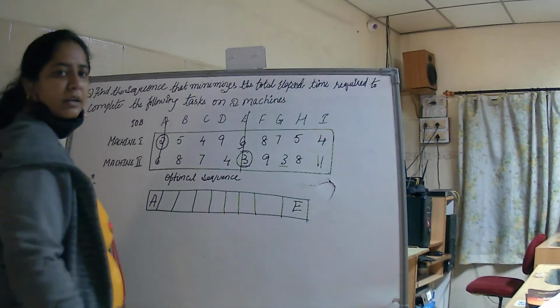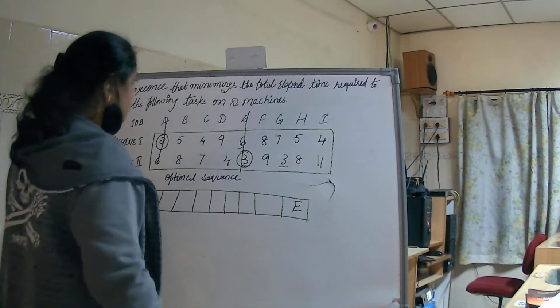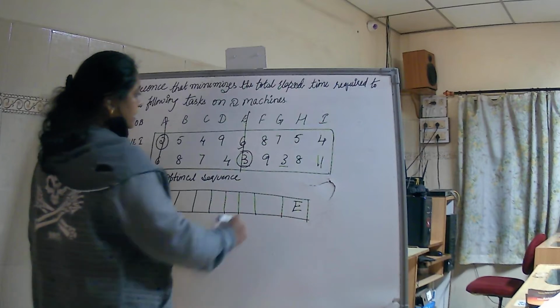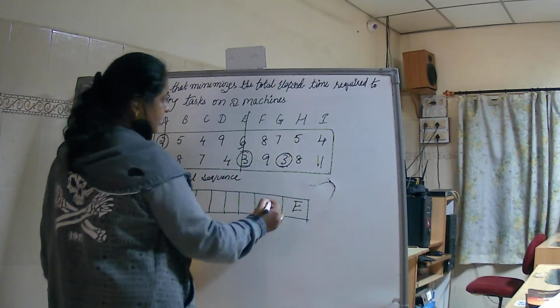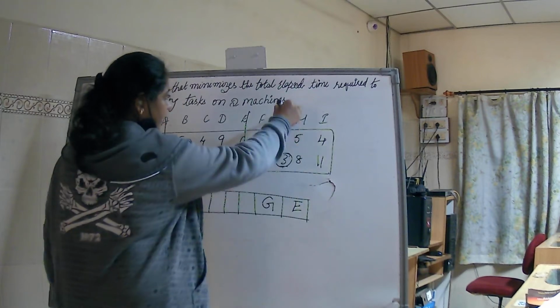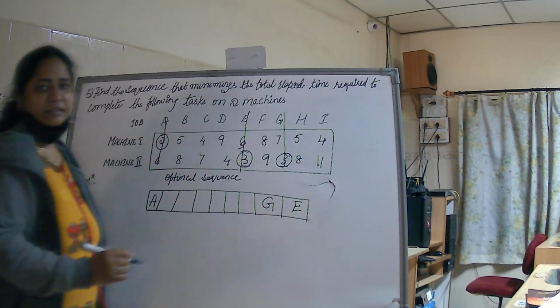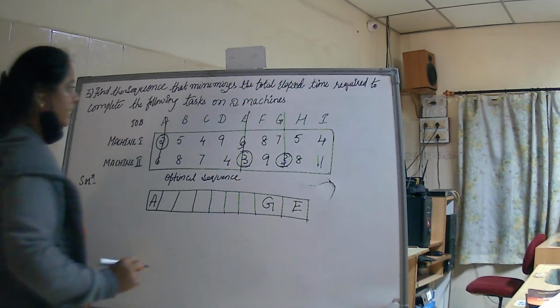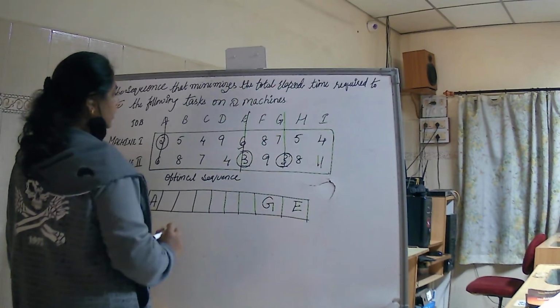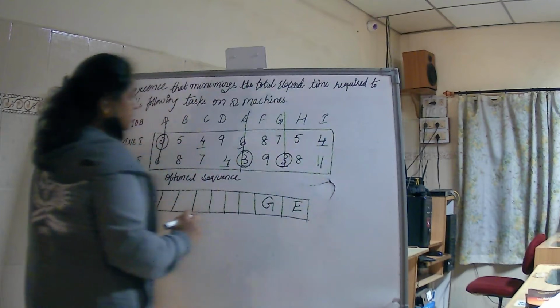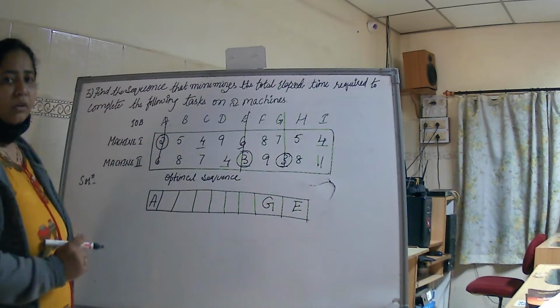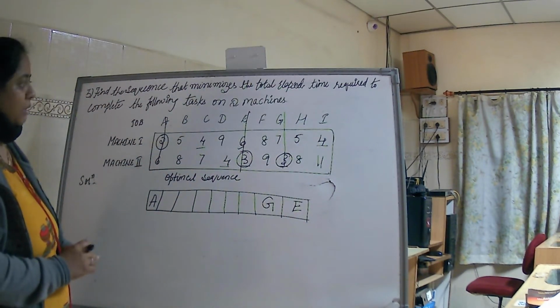Now when we take the next value, the next minimum value will be 3. Again it is for machine B, so I am writing it towards my right hand side and cancelling this column. Then the next value is 4. Now if you see, there are three 4s here. Among these 3, which one do you have to consider first?